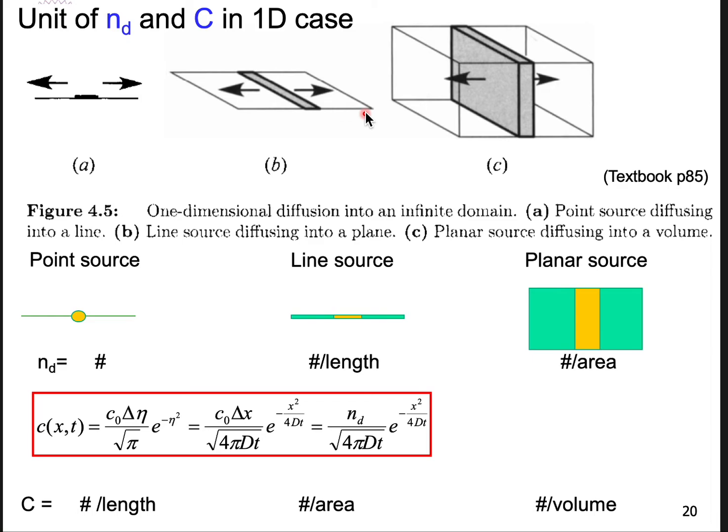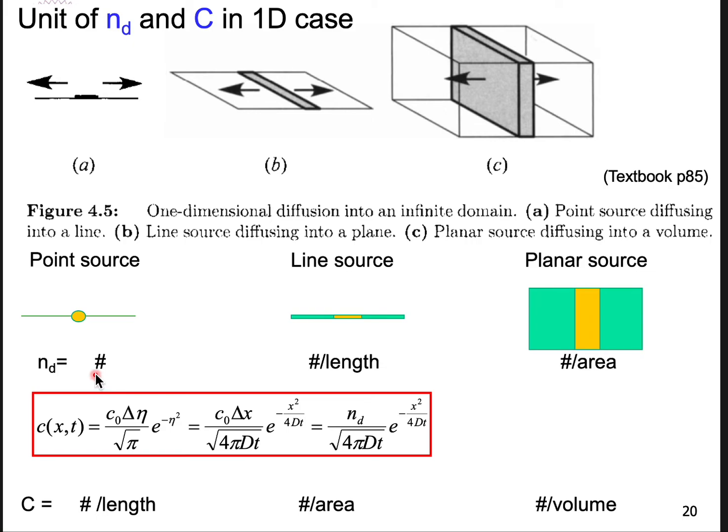And the source here is the number per length, because you can consider this a number, since we assume the point source is quite small. And this is the number over length, right? So it's the number of diffusing atoms per length, and this is the area, so it's area density.